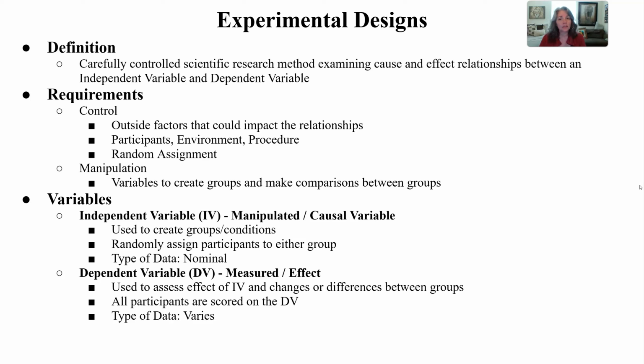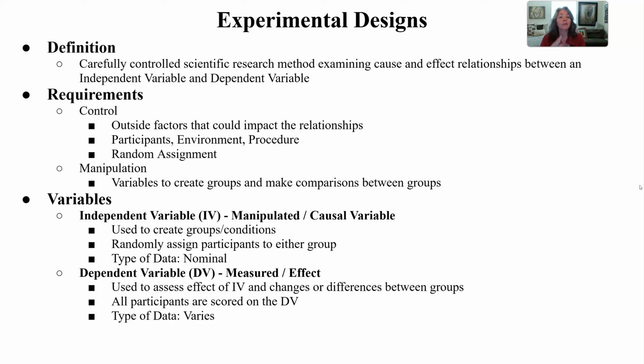So with an experiment, you have two variables, an independent variable, which is the presumed causal variable, and we manipulate that variable. We determine what that variable is and the criteria by which we're going to break up groups. So maybe we're looking at the effect of a drug. So our independent variable is the effect of a drug.